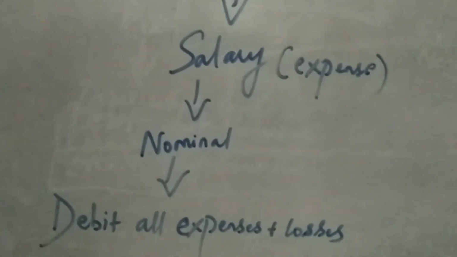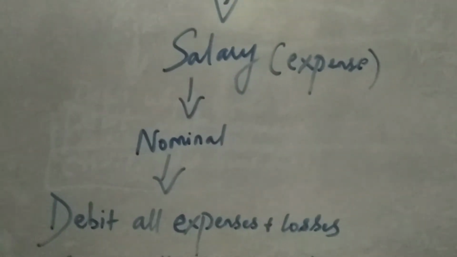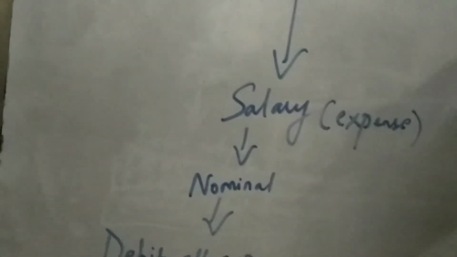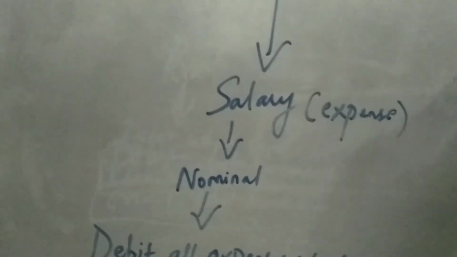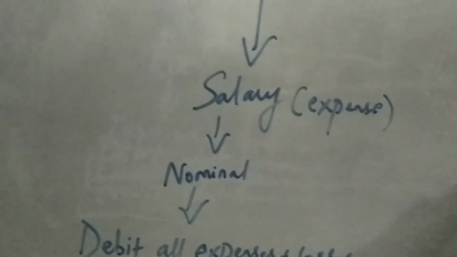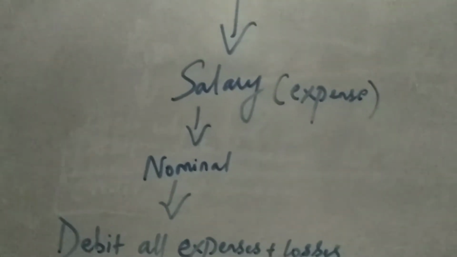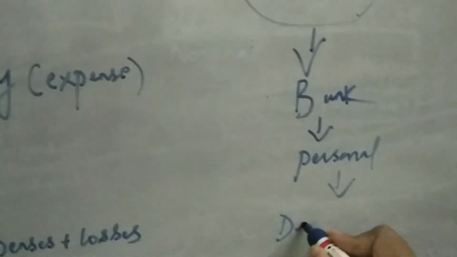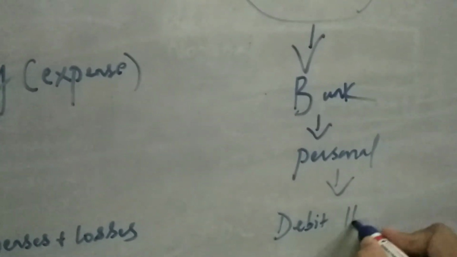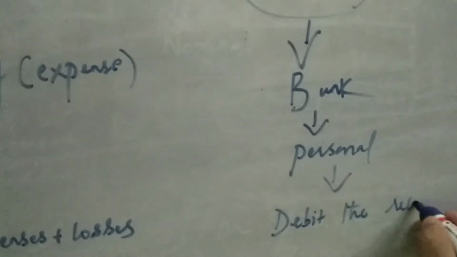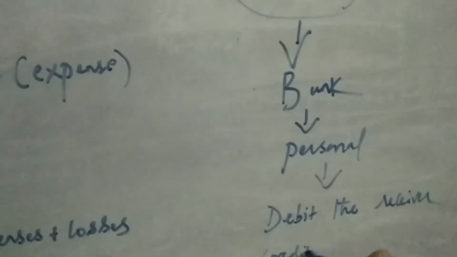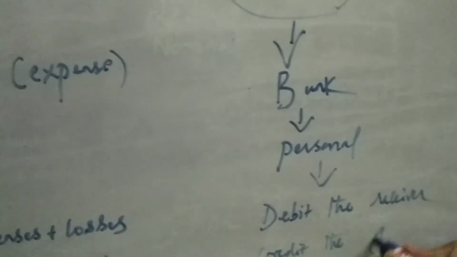We are paying salary to the staff. So cash, as we are paying through check, now bank is involved. Okay, so bank comes under personal account. Debit the receiver, credit the giver.